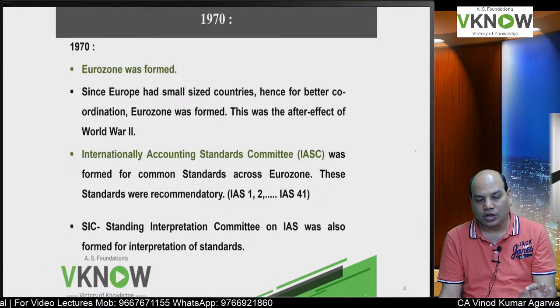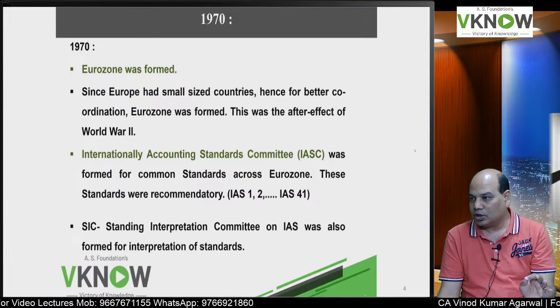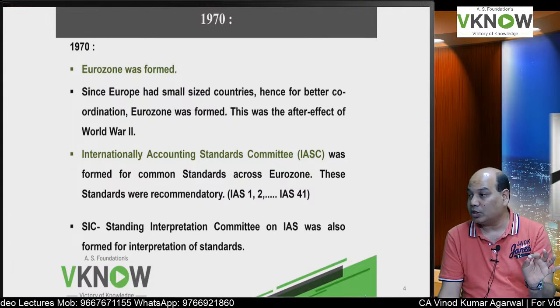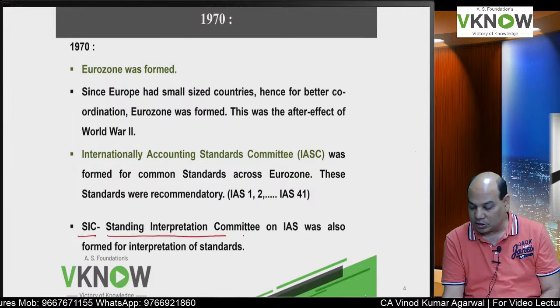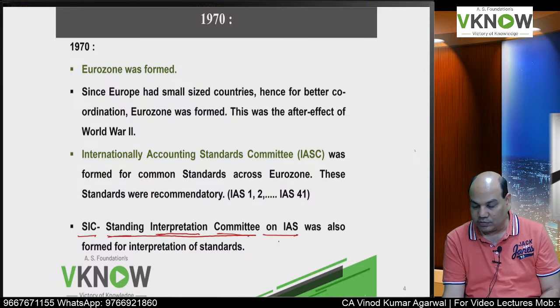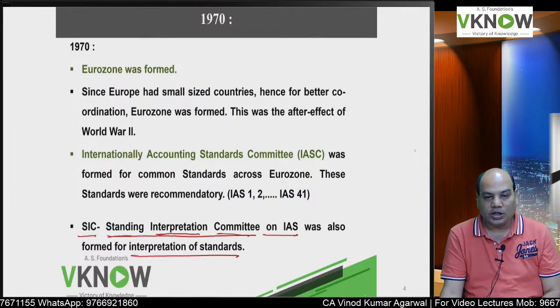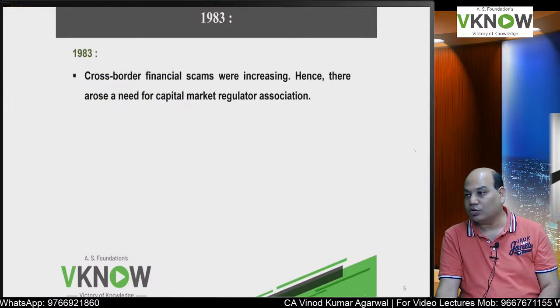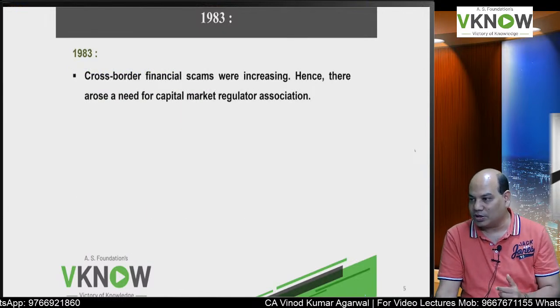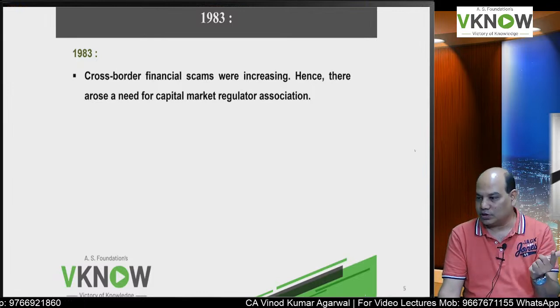If something is not clear in the standard, it was explained with the help of interpretation, and that committee was called SIC, Standing Interpretation Committee on IAS, so that if any doubt exists, they will clarify that. Just like in India, we also have accounting standard interpretation along with accounting standards.